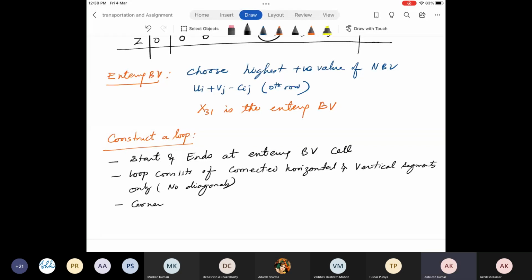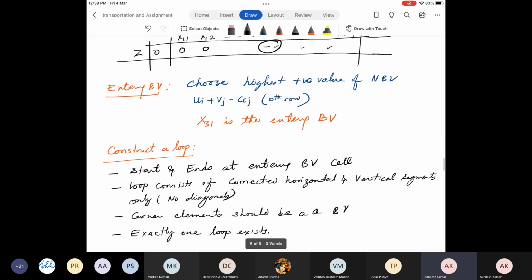Corner elements should be basic variables. Exactly one loop exists. Let's try to create this loop here.